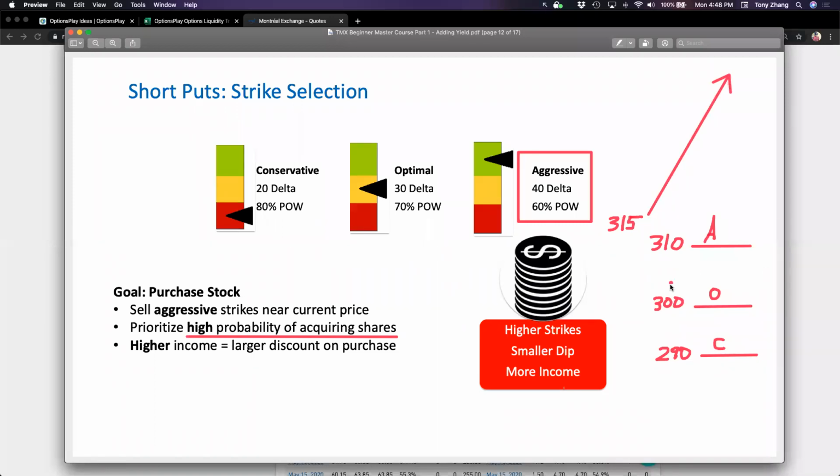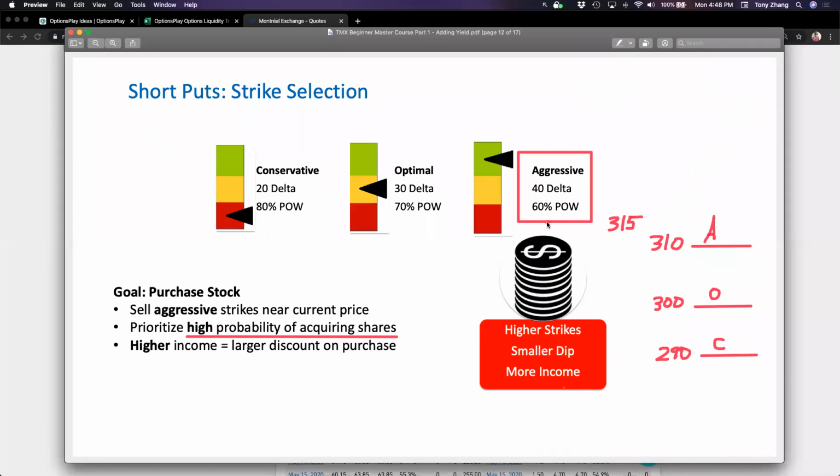If you choose something that's relatively low, you have a much smaller probability of participating in any upside because you don't own the stock. So if you choose something like 290 down here, you have very little chance of participating in any upside gains because you don't own the stock.